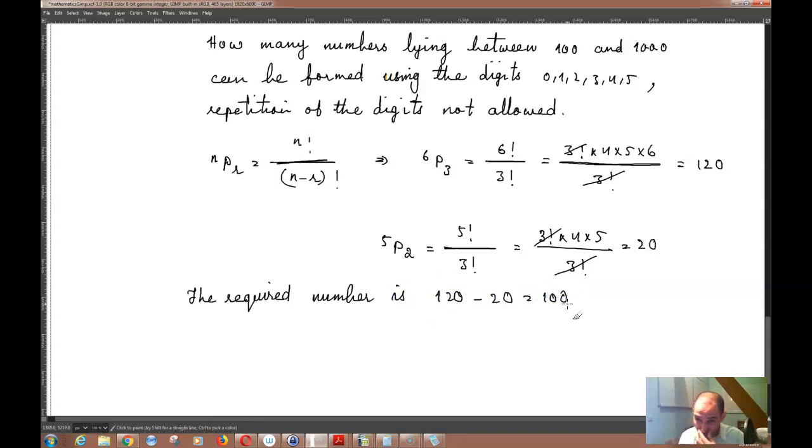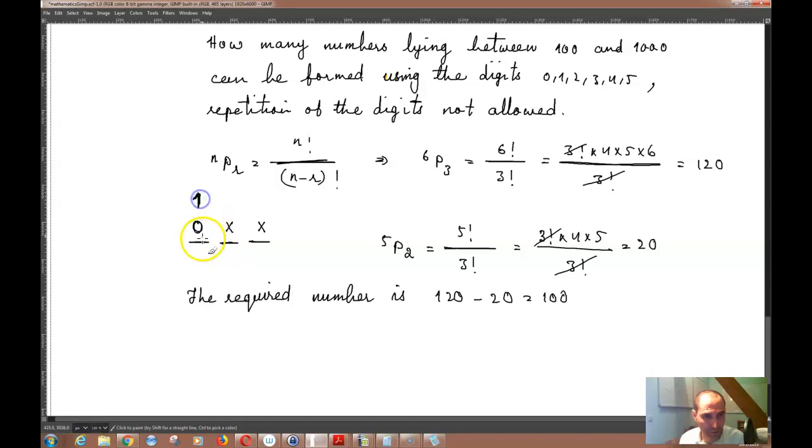So one more way to think about this is to take out those numbers starting with 0, and then you have these two digits here. So there is only one way of filling this placeholder with a 0.